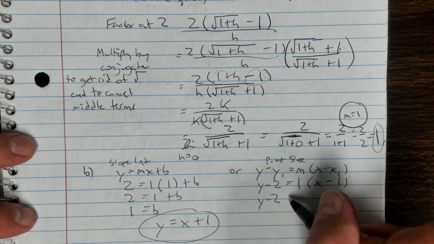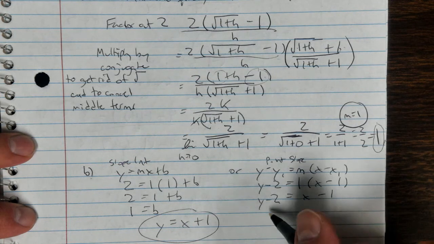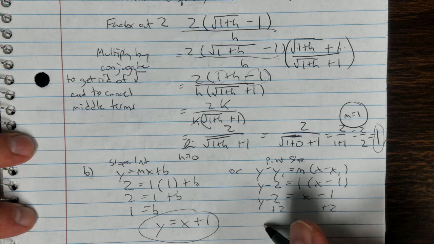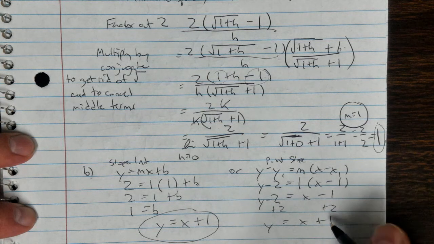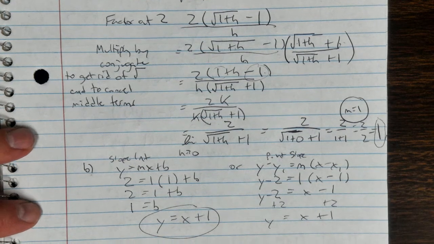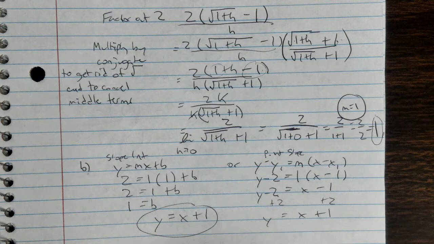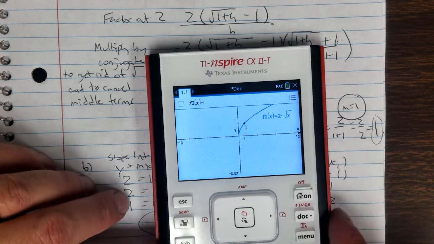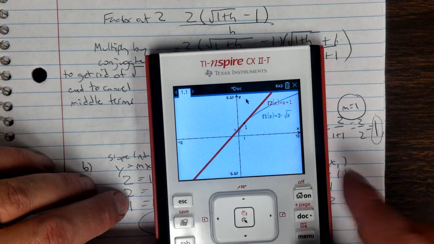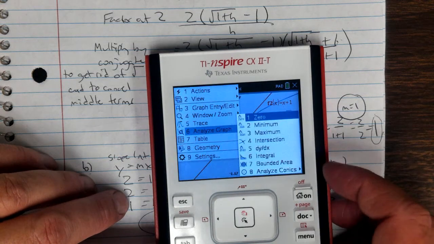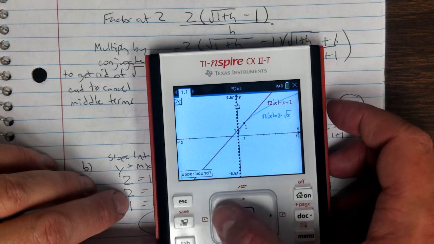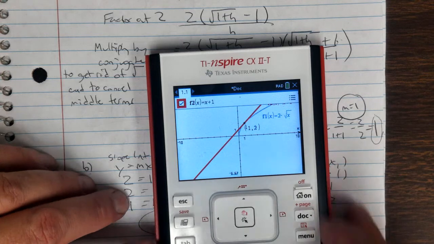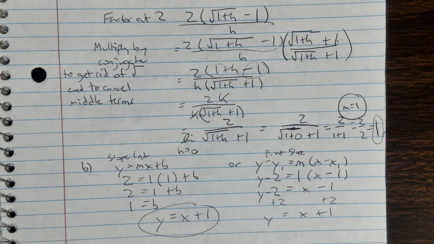Y minus 2 equals x minus 1, and then add 2, y equals x plus 1. So you end up getting the same answer either way. And again, if you graph x plus 1, there it is, and you analyze the graph and do the intersection, and you get 1, 2. That's how you know you did it right.